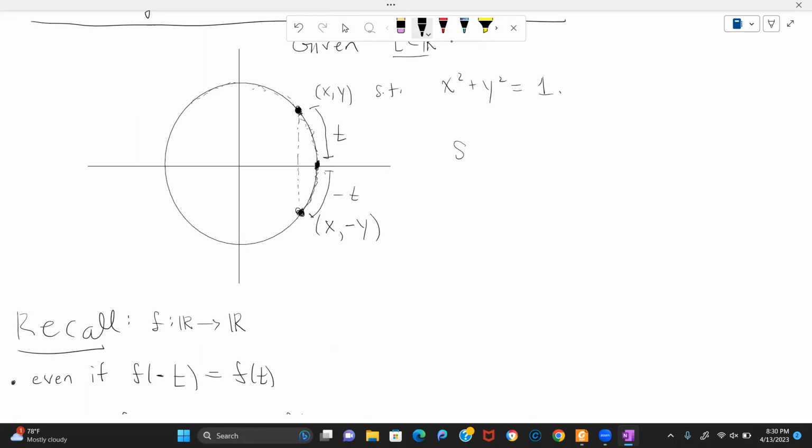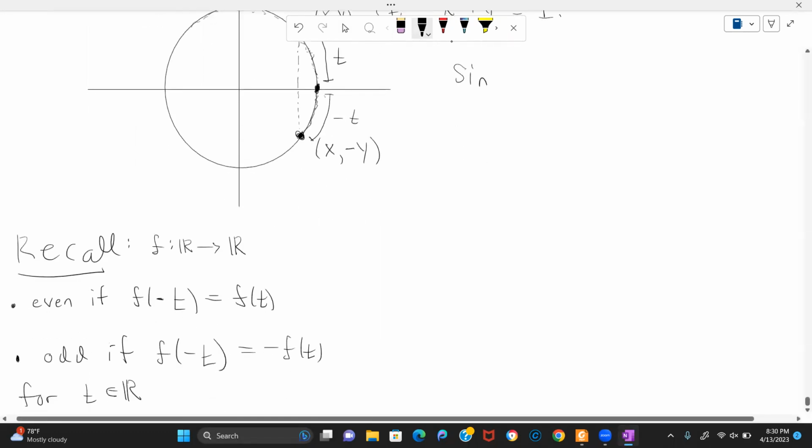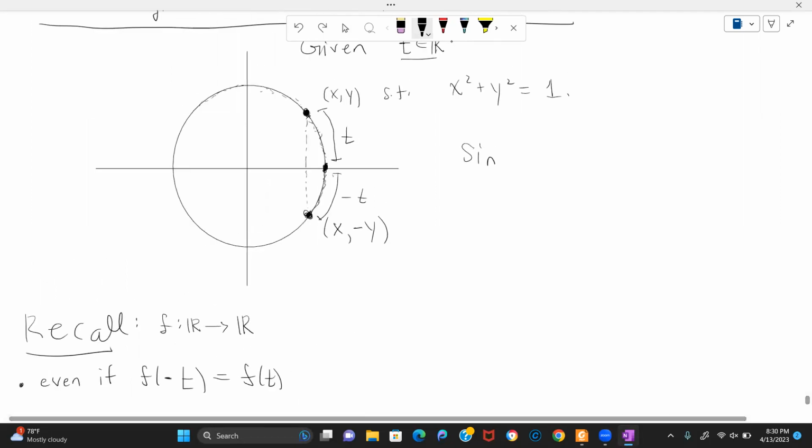So let's evaluate sine of negative t and see whether we get either one of these properties right here. Well, sine of negative t, remember, by definition, is going to be the y coordinate associated with the point. So that's going to be this point right here, negative y.